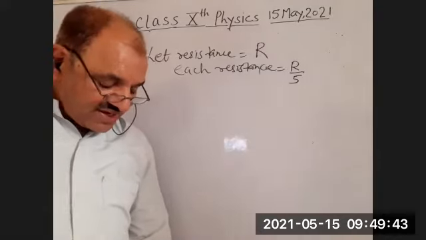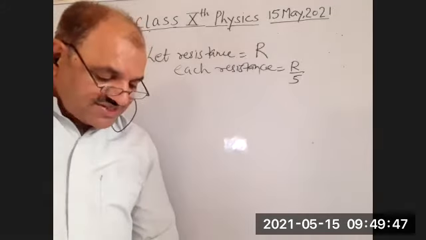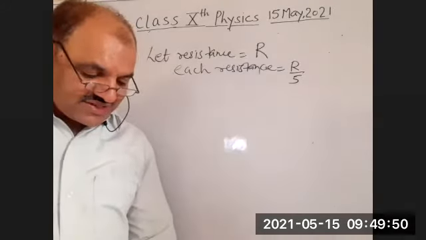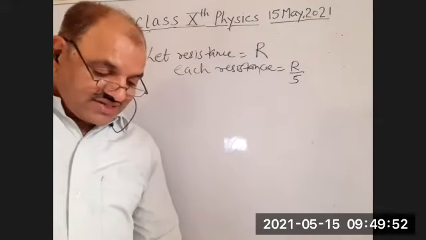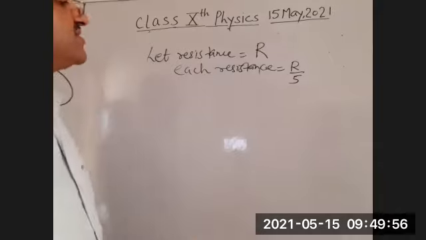Now students, what does the statement further say? Each of the pieces of the wire has resistance R by 5, and they are connected in parallel.